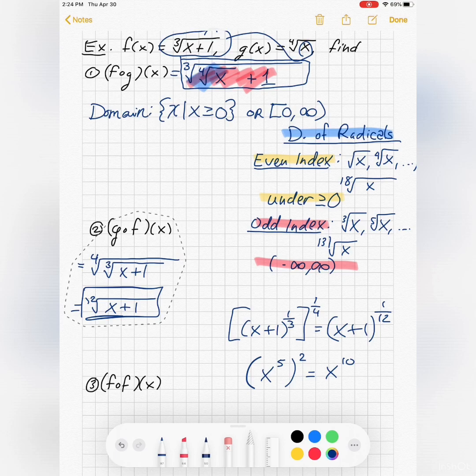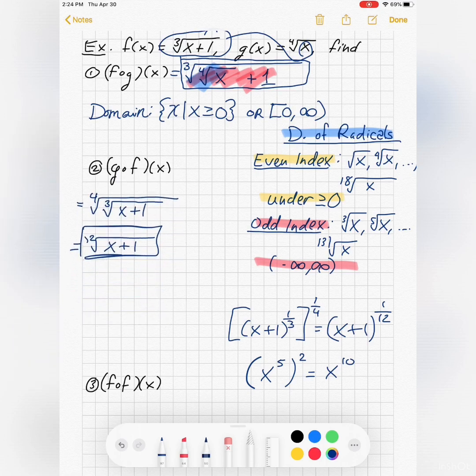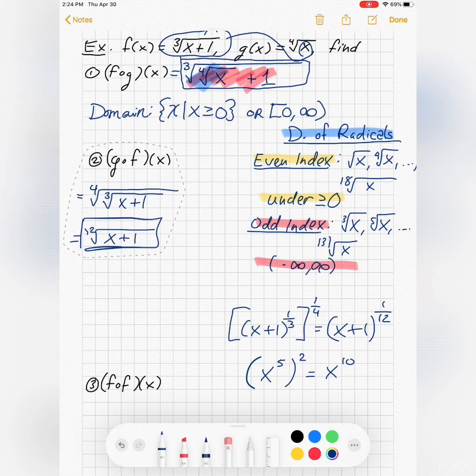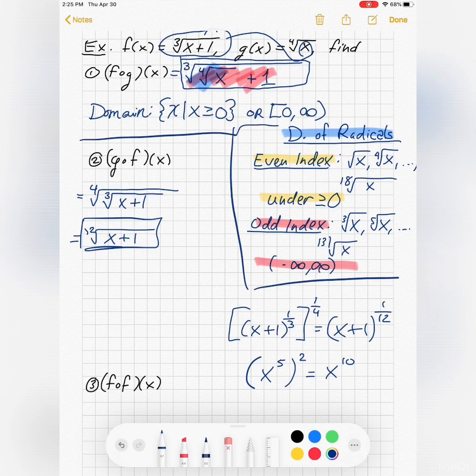Let's find its domain. What about the domain of this one? So here I have a 12th root.